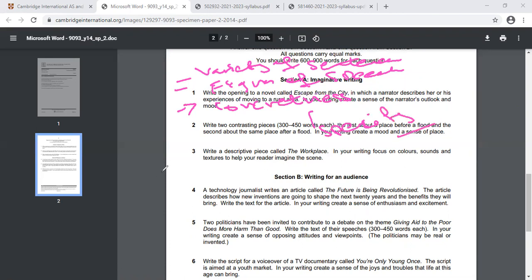For example, if I write here, I saw a building, this doesn't paint the picture.